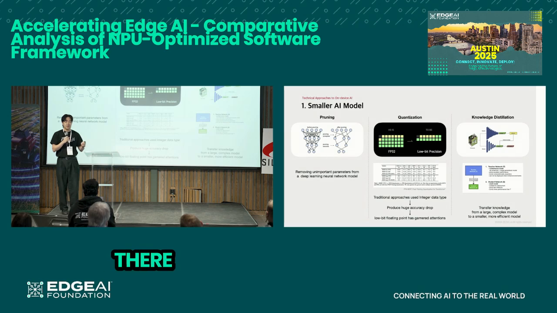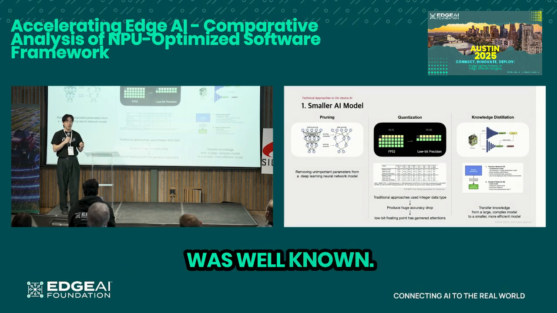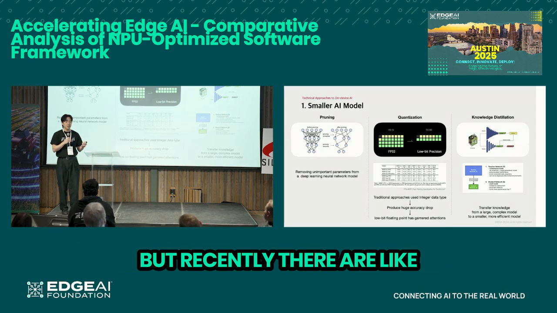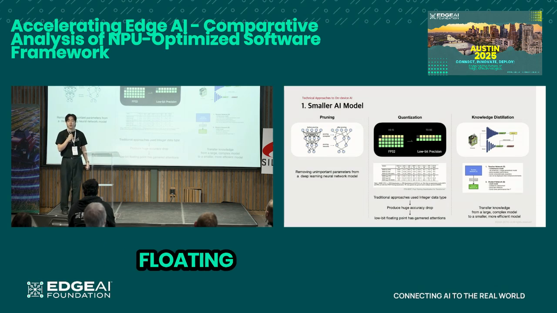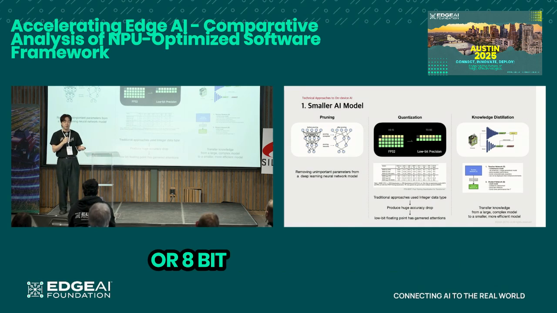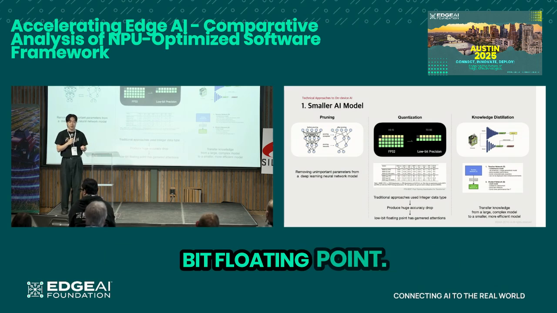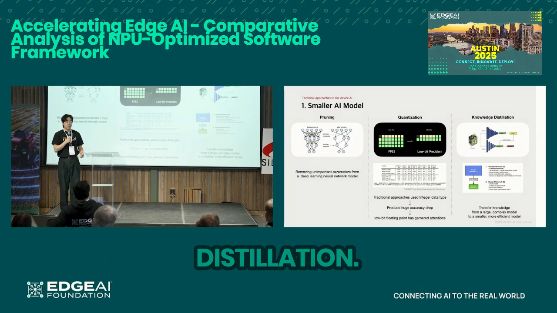Back in the day, integer quantization was well known. But recently there has been research on floating point quantization, which represents 32-bit floating point as 16-bit, 8-bit, or even 4-bit floating point. The third one is knowledge distillation.